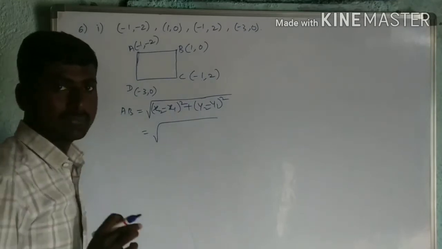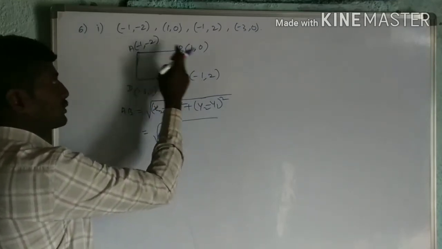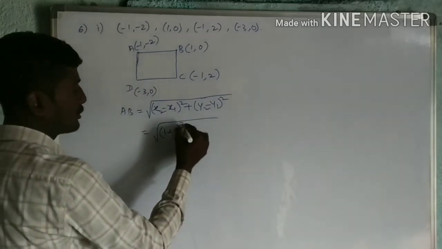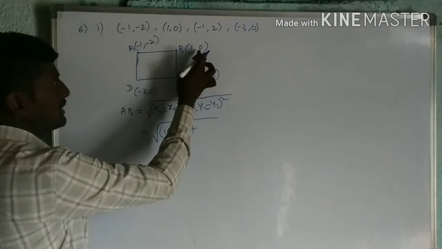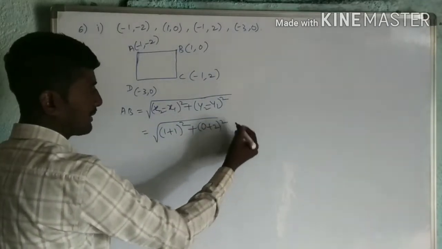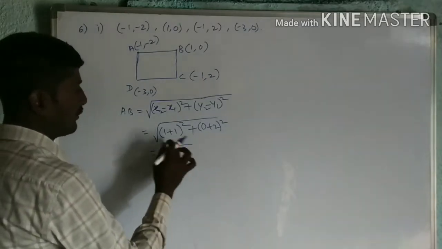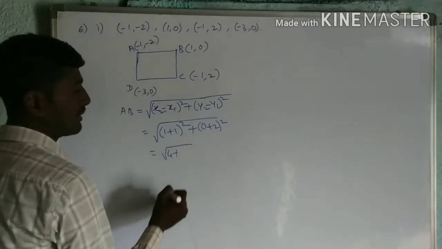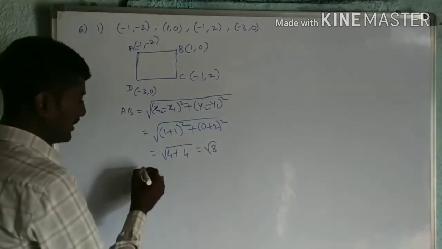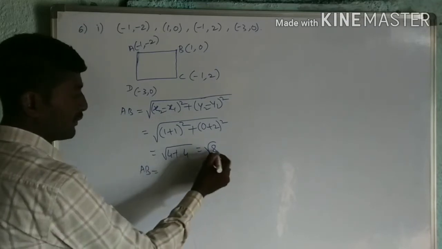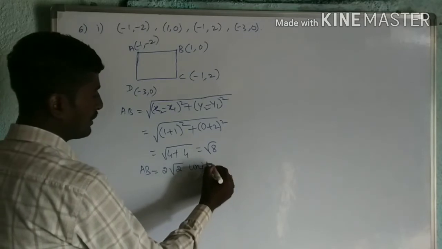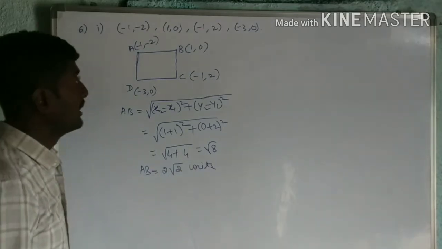So x2 minus x1 is 1 minus minus 1, that is 1 plus 1, whole square, plus 0 minus minus 2, that is 0 plus 2, whole square. This is equal to root of 2 squared, which is 4, plus 2 squared, which is 4. So this is root 8, that will be 2 root 2 units. AB I got.